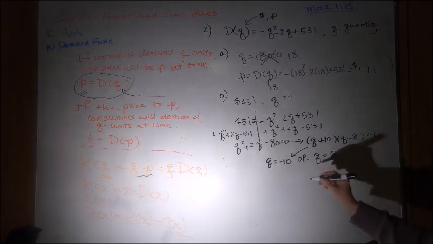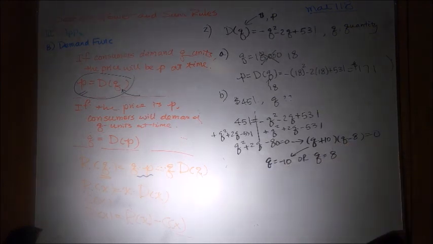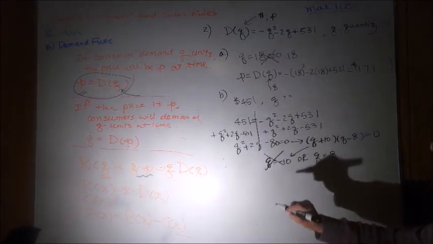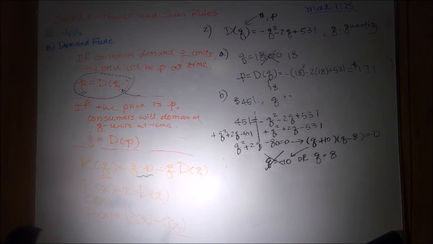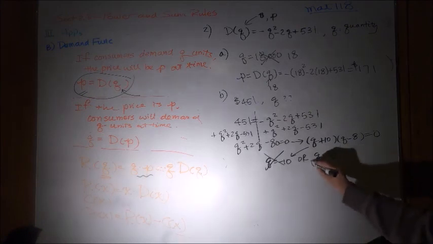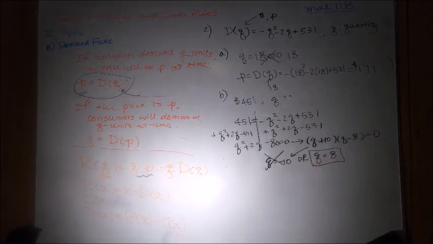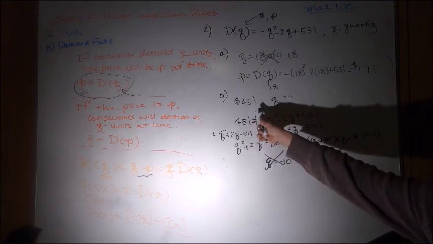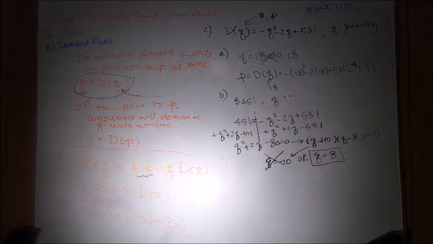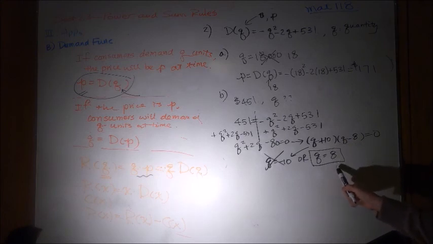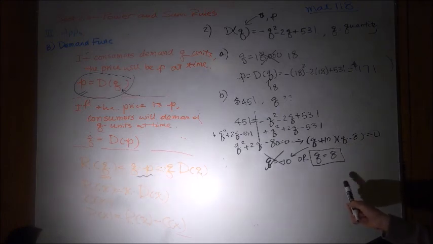Do you think you can have a negative number? Not really. Quantity, you cannot have a negative number. So you can only use 8. What does 8 mean? 8 units? If you sell for $451 per piece, you sell 8 units? Not really, because Q is by thousands.